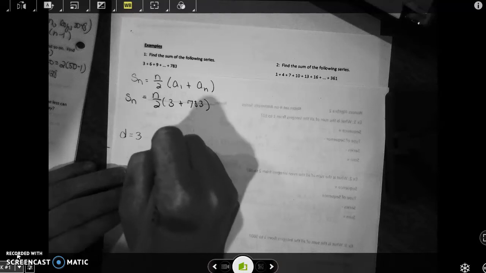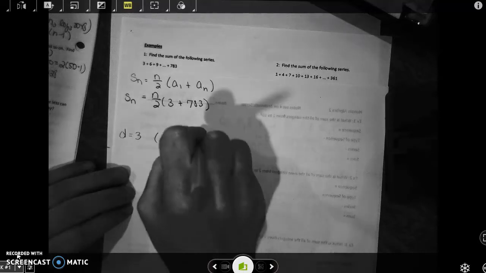Well, here's what I need to remember. I know that arithmetic series comes from arithmetic sequences. So I know this sequence has a common difference of 3. I know the first term has a value of 3.